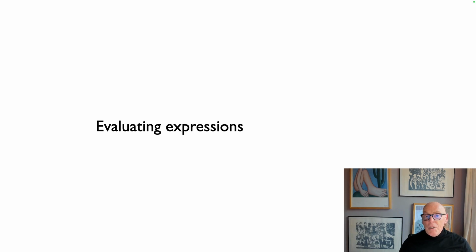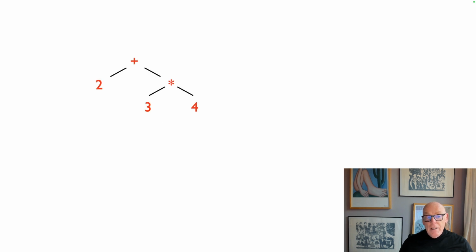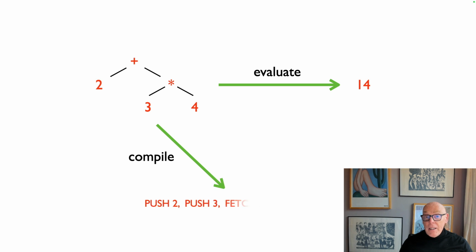In this segment, I want to show how we evaluate expressions in our expra language. Now, in fact, there's more than one way we can go about getting the result of an expression. We can do an evaluation, and that's what I'm covering in this segment, but also we can think of doing it rather indirectly, that we can compile the expression to a sequence of instructions for a virtual machine, and then we can execute that sequence.